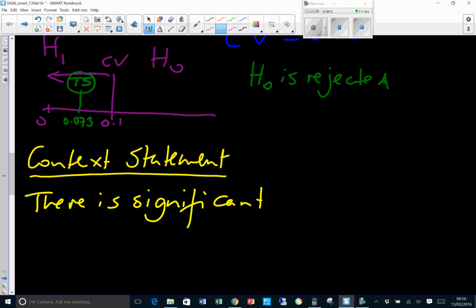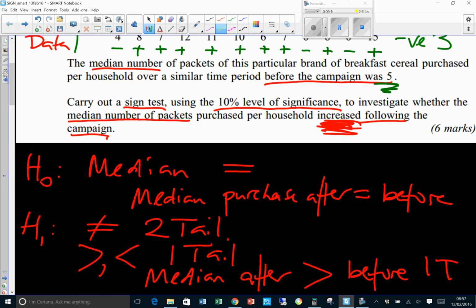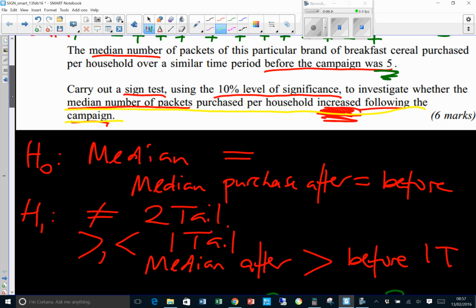Otherwise, it would have been there's no significant evidence. But here it is, there is significant evidence that. So let's go back and read the test wording they gave us, and we can reuse it. So we're looking at this final part of the sentence. The median number of packets purchased per household increased following the campaign.